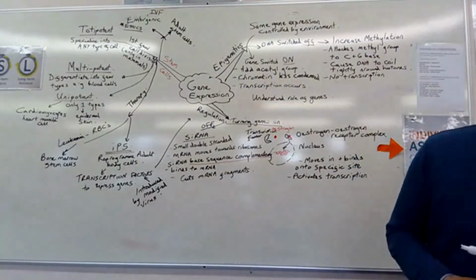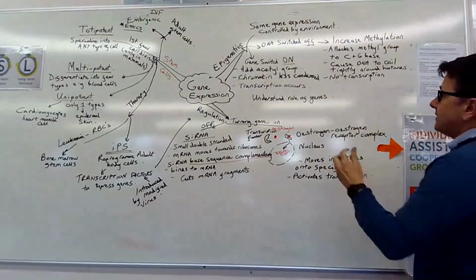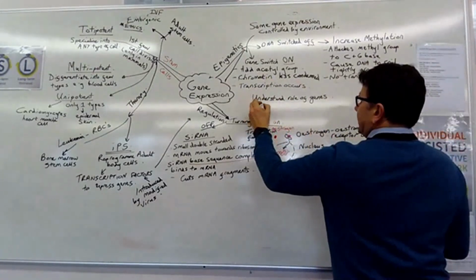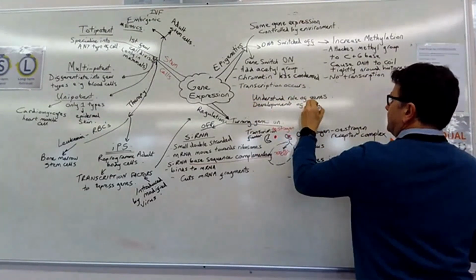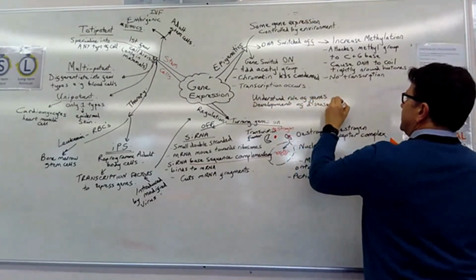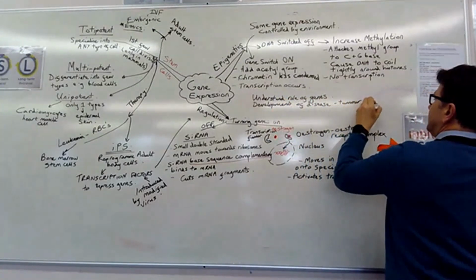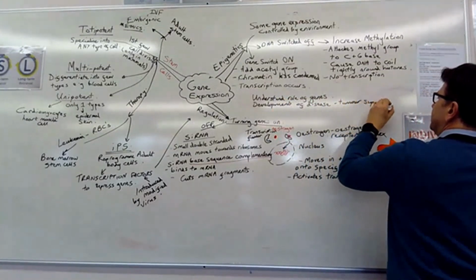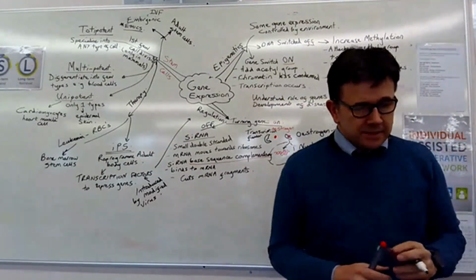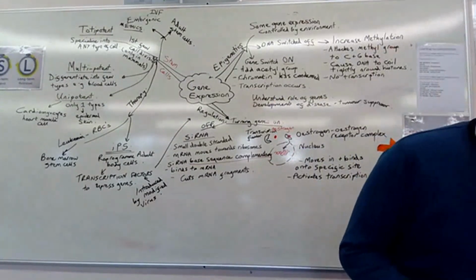You could maybe understand the development of disease like cancer. So things like tumor suppressor genes. I haven't mentioned cancer, which is a real shame, actually. So I'm not going to have time for cancer today.